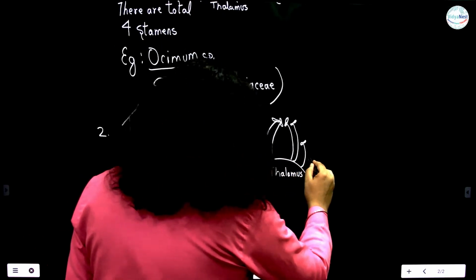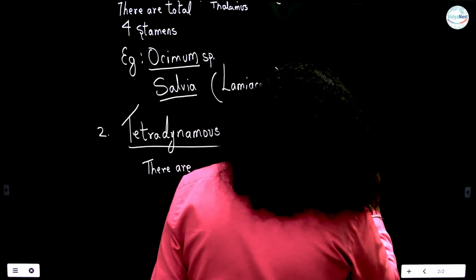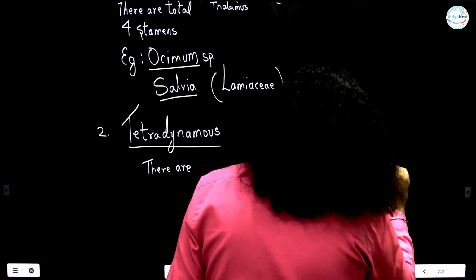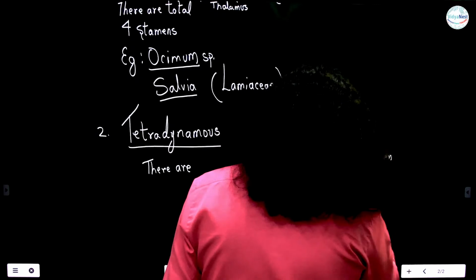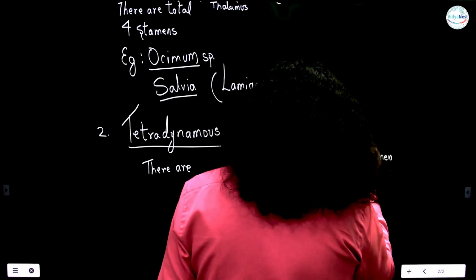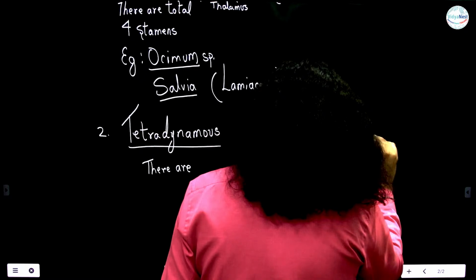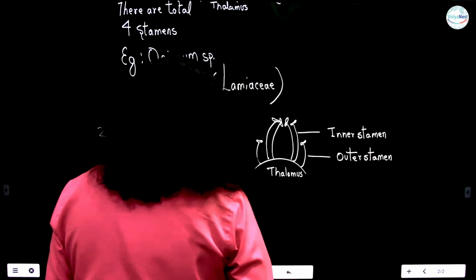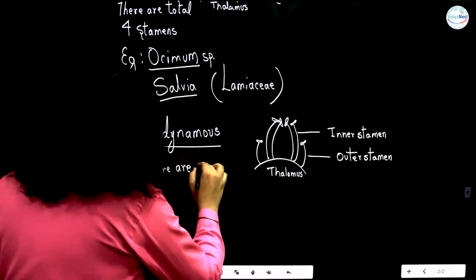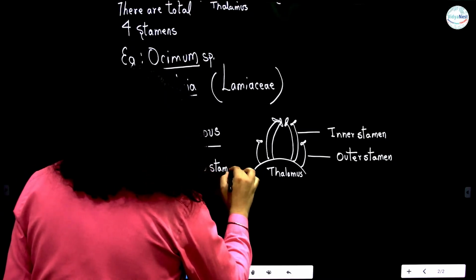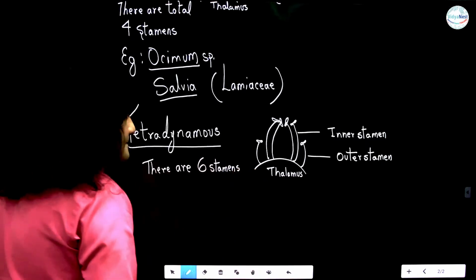These are outer stamens and these are inner stamens. There are 6 stamens. Right?